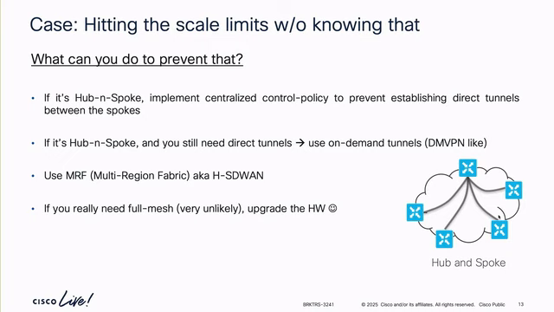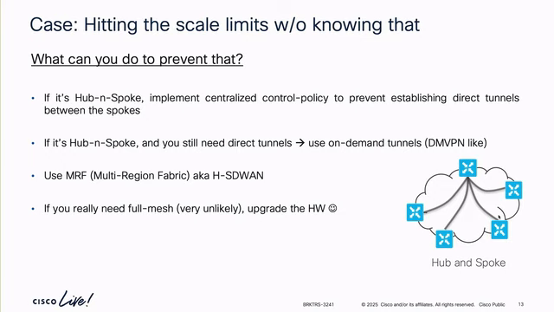By implementing a centralized control policy, you will be limiting the number of tunnels initiated from lower-end devices. Normally, customers are using a couple of tunnels to the hub device, or 4 tunnels to 2 hub devices. This is the most common practice. And that would solve pretty much all the issues from that perspective.